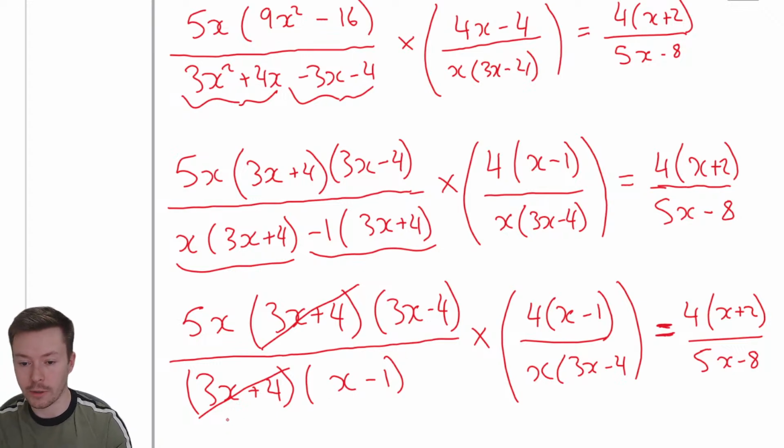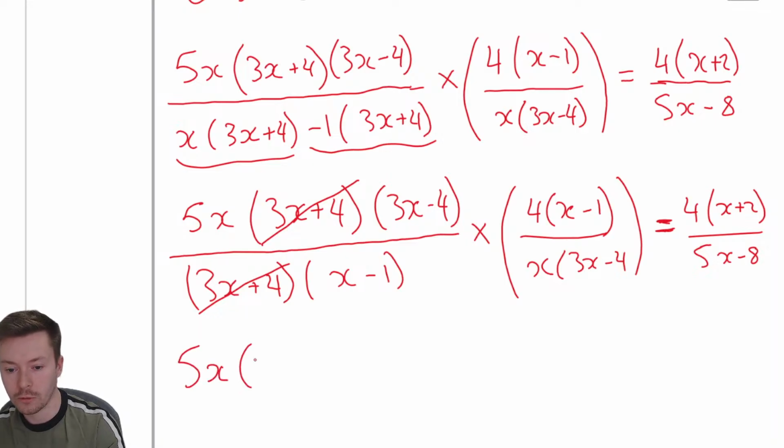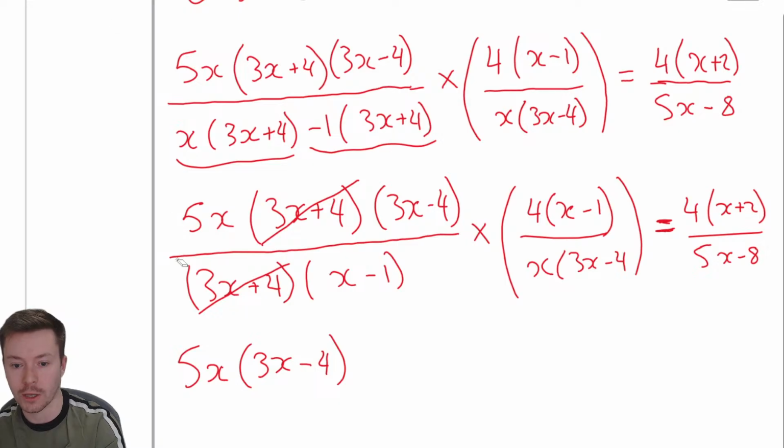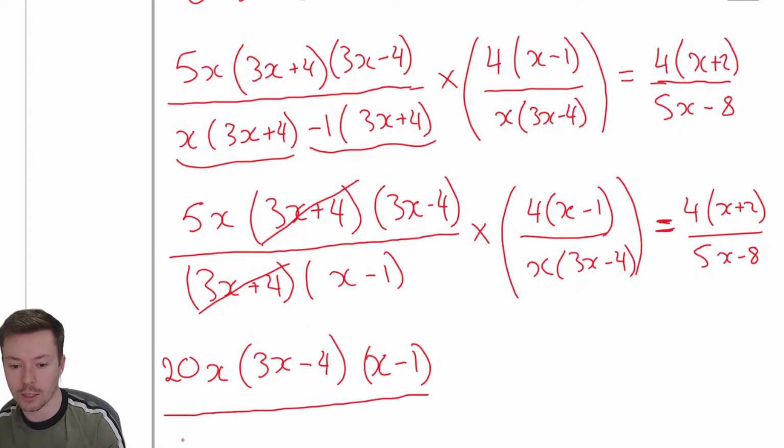And then I am going to multiply these fractions here. So I'm going to get 5x, 3x plus 4 is gone, 3x minus 4. And then I've got this 4 here, which I should have times by the 5, so I'm just going to change that. 5 times 4 is 20. And then we've got x minus 1 on the top here. On the bottom, we have got x minus 1 from here, and then we've got x, 3x minus 4.